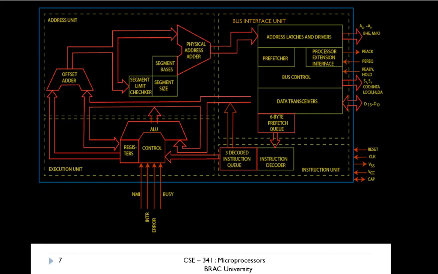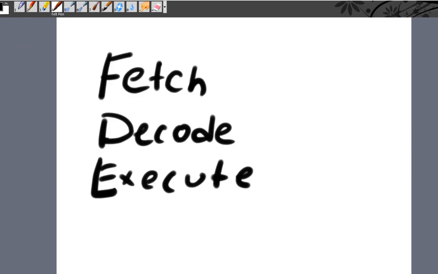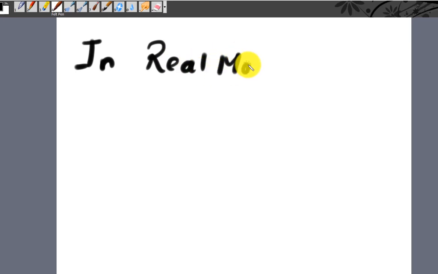Now, let's see the first unit, which is the address unit. This unit computes the physical address of instructions and data that the CPU wants to access. In real mode, the address unit computes the address using the base address and offset address, similar to 8086.